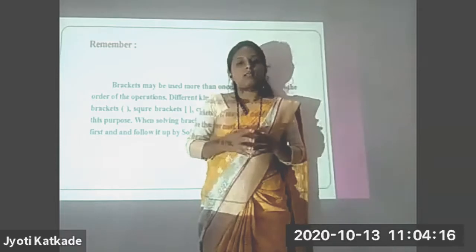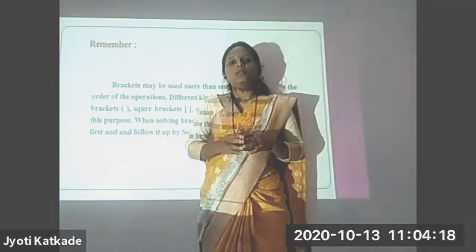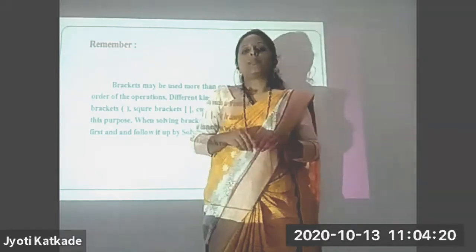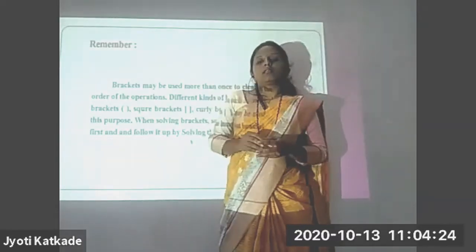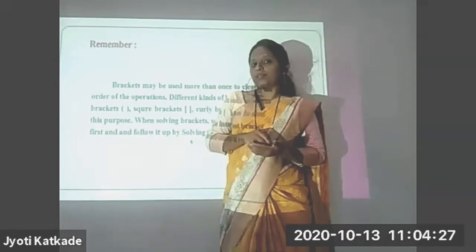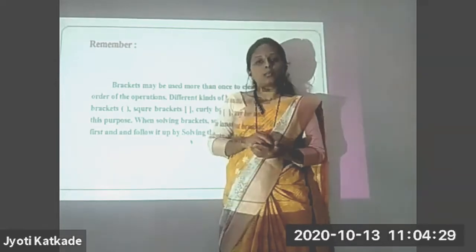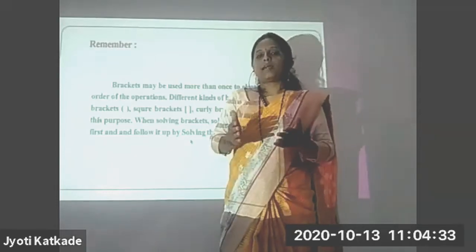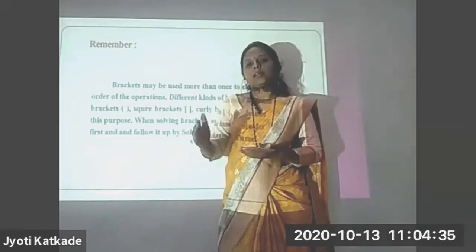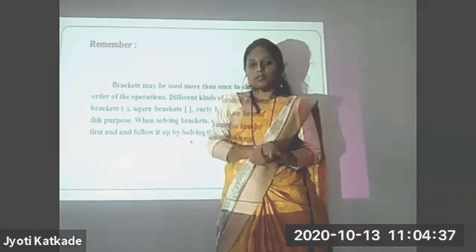Why are these brackets used there? To specify this example clearly. Okay. So what do we have to do then? Solve the innermost bracket first. After that, solve the next bracket. And when brackets are completed, then start the next process.